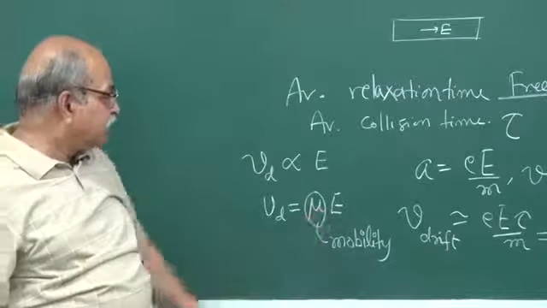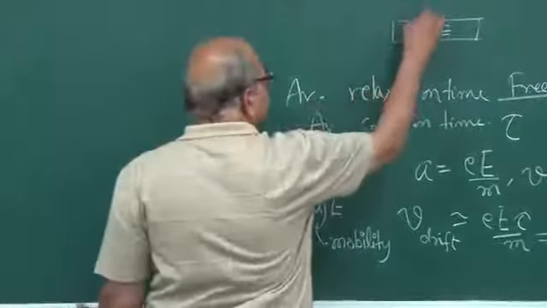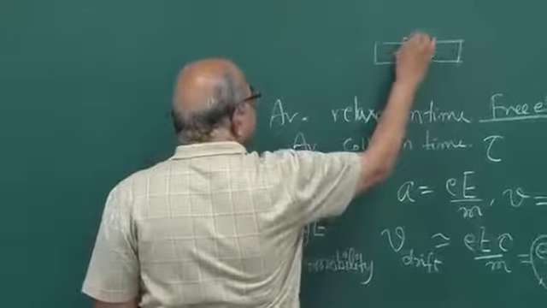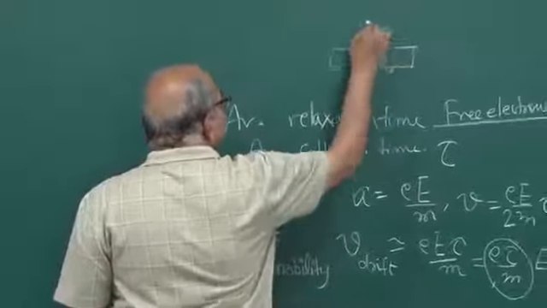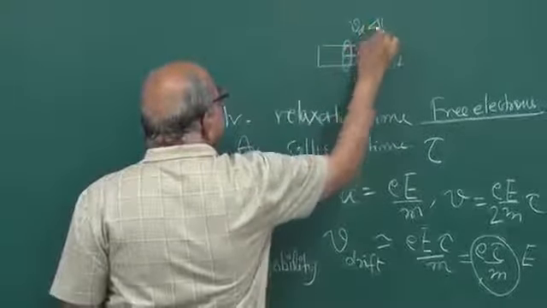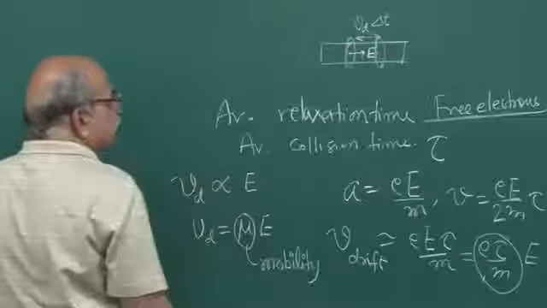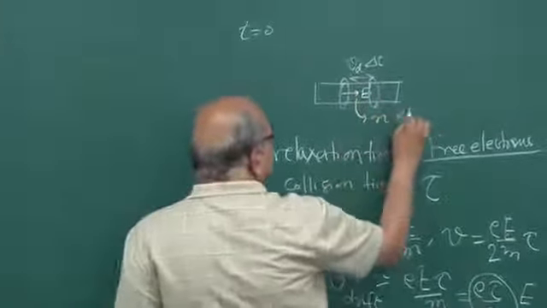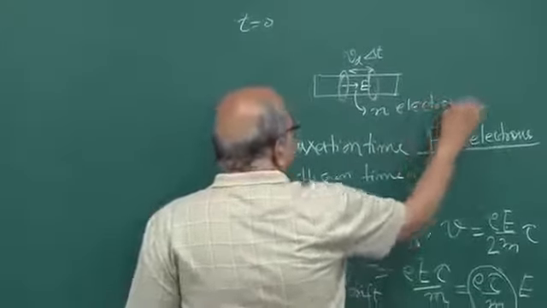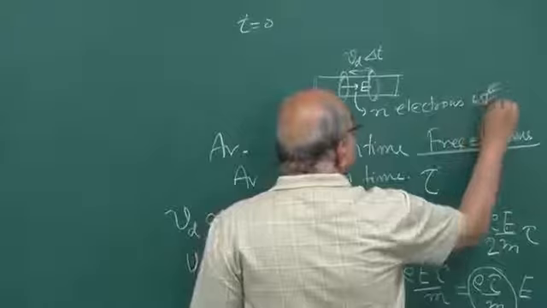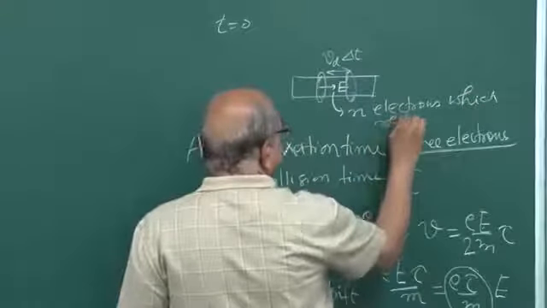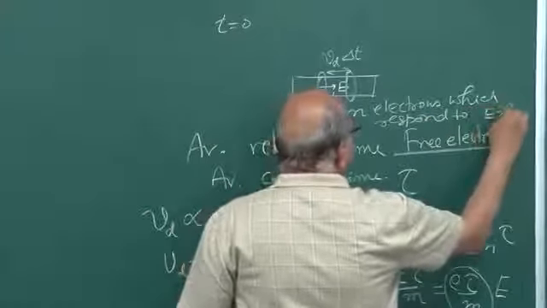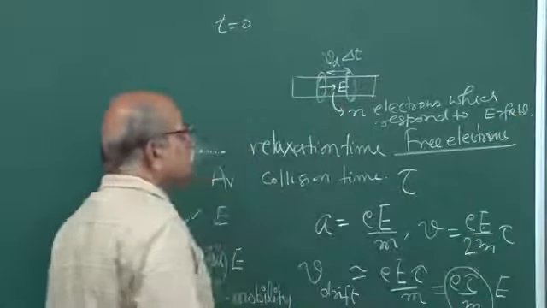Then you can work out that if you take some cross section here, and then you take another cross section here, take this length as Vd times delta t, then at t equal to 0, if there are n electrons which respond to the E field, as I told, not all electrons are going to respond.